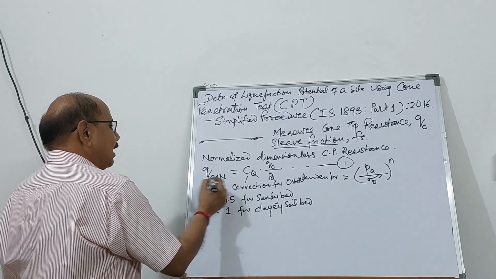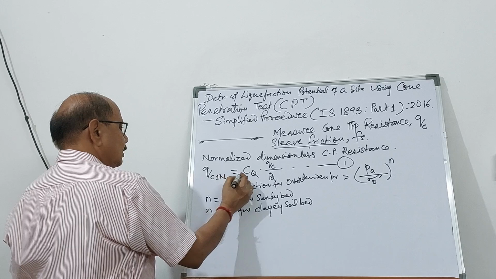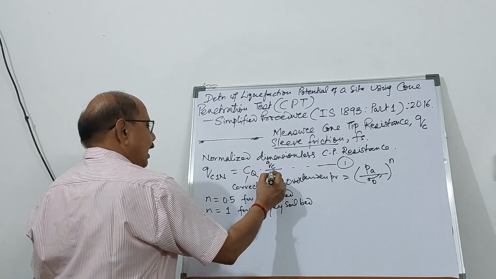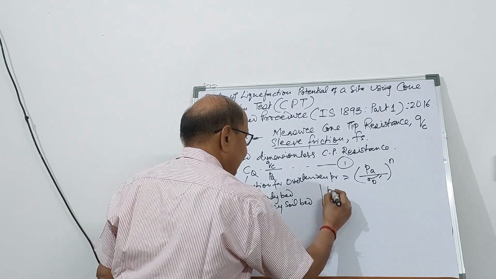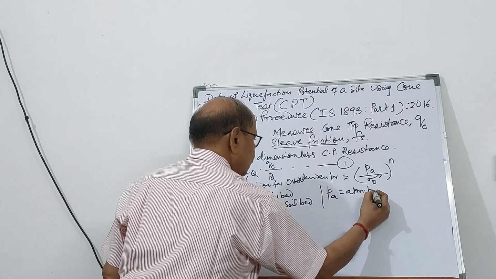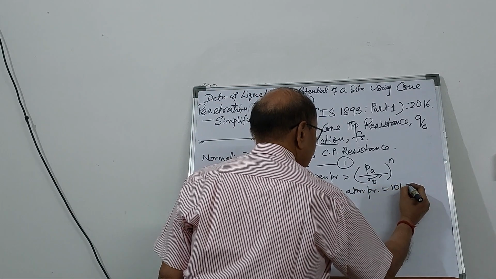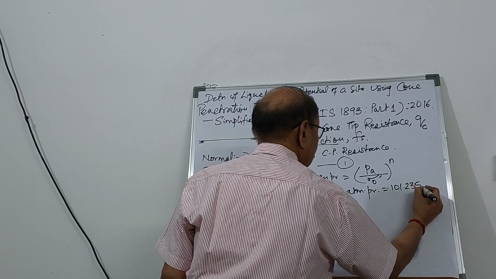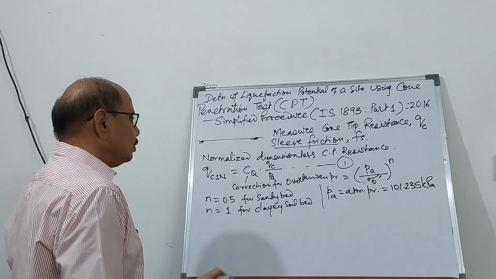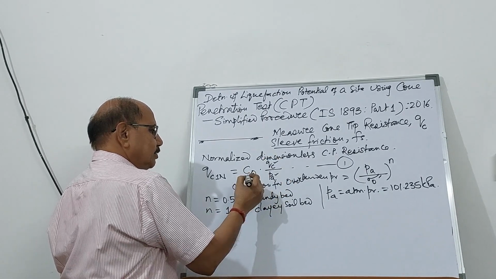Now, once you calculate the value of CQ, QC is known to you. Atmospheric pressure, PA, is equal to so much of kilopascal. So this is known to you. This you have measured.